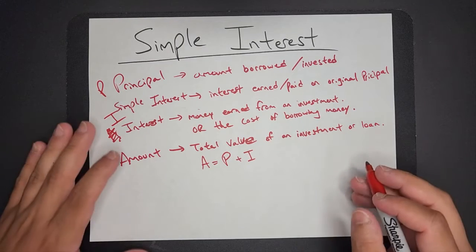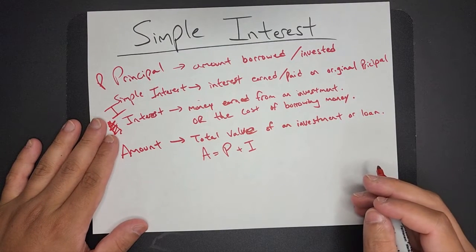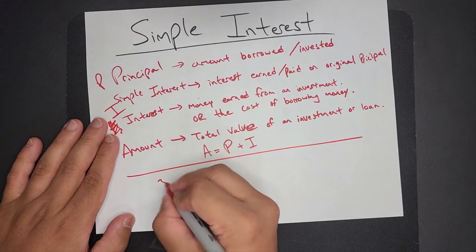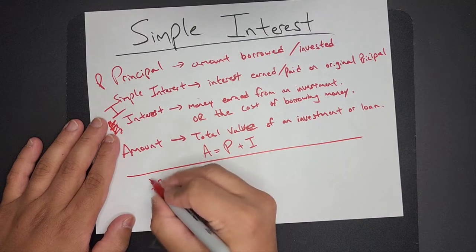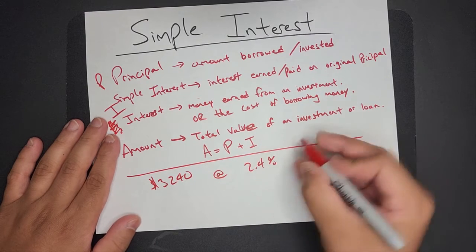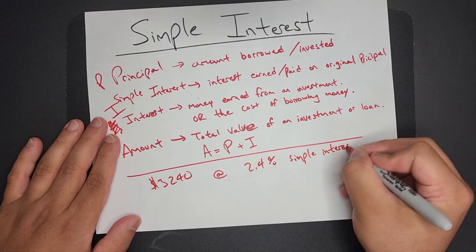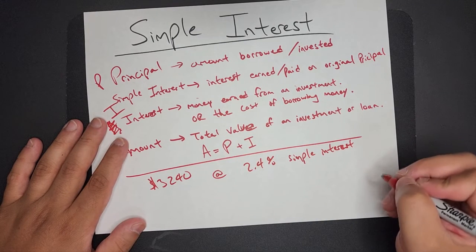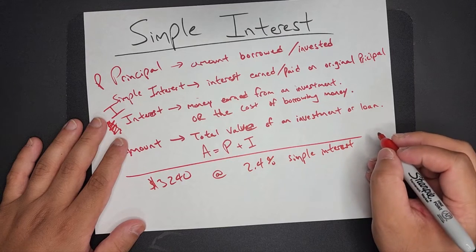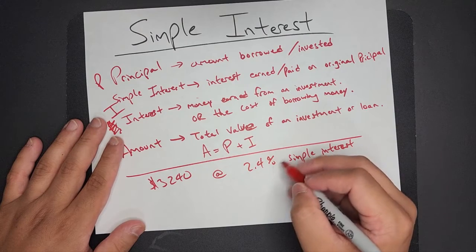So now that you have the definitions, we can actually look at a quick example. Let's say you have someone who invests $3,240 at 2.4% simple interest. So, let's say this is per annum.